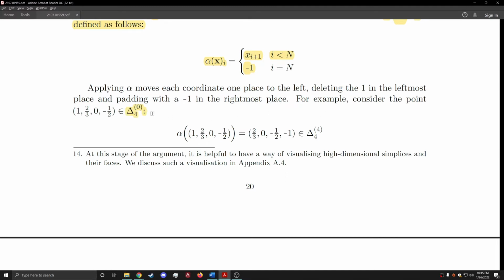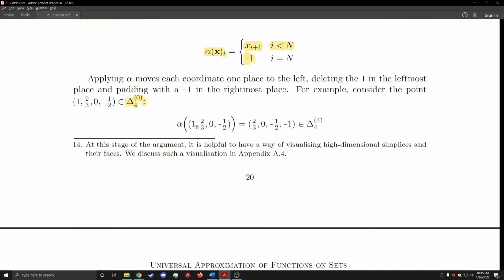Let's look at the 0th face and this example right here on the 4 simplex. So we have 1, 2/3, 0, and -1/2, and we're going to be applying alpha to it. Here's 2/3. This is going to be a left shift, as we do. So this 2/3 is going to move to the left, and then the 0 is going to move to the left, and the -1/2 is going to move to the left.